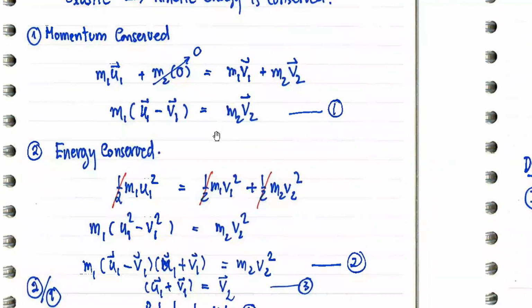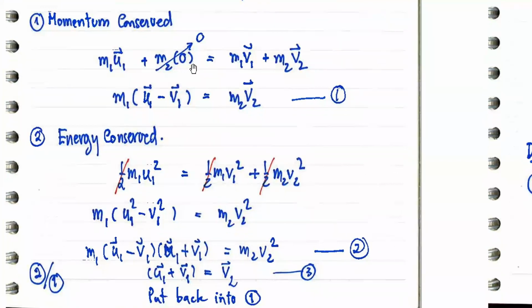If you're interested, you can prove it with the same method by using that m2 is traveling at some speed to the right, and you will end up with a more complete form of this equation. But I will leave that for you to do.